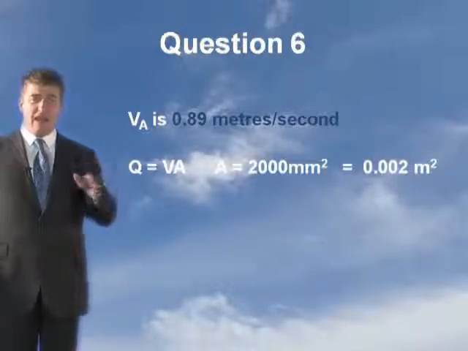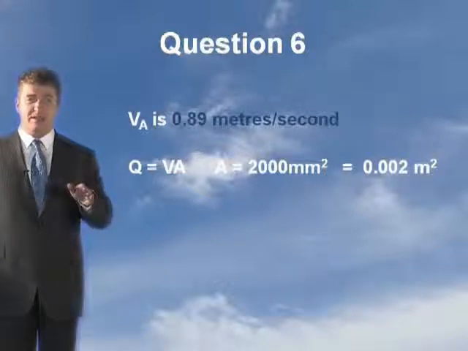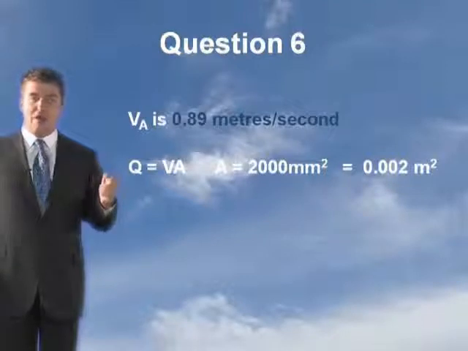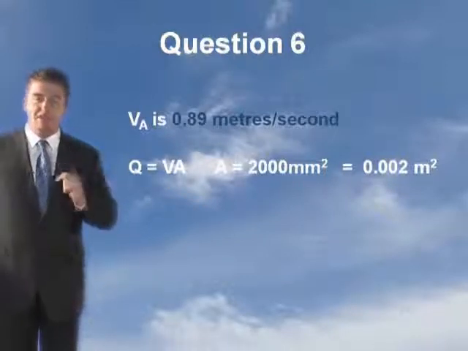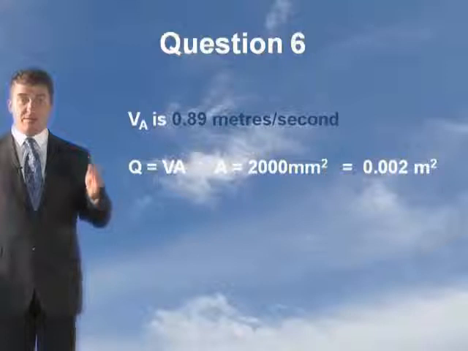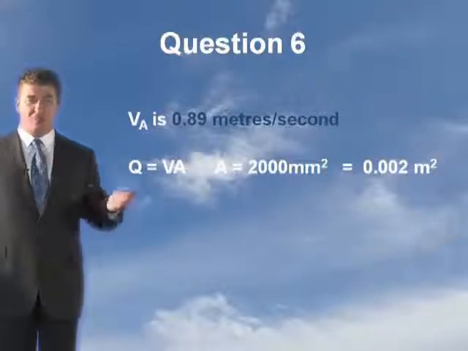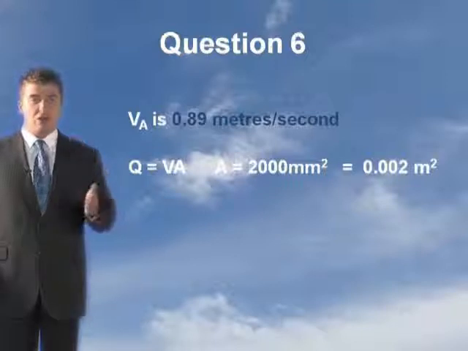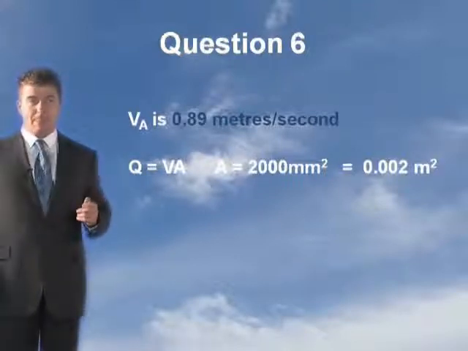The area at A is 2,000 square millimetres, which is, by transposition, if you work it out, 0.002 metres squared. Because don't forget, you have to multiply it out to work it out. 2,000 square millimetres is 0.002 square metres.